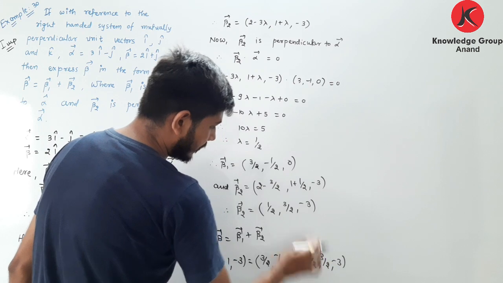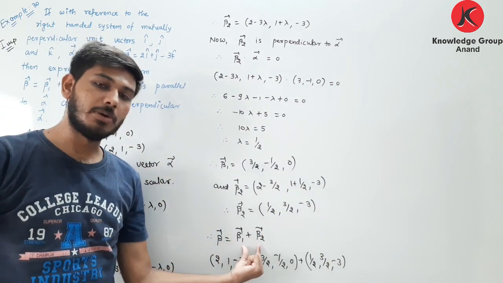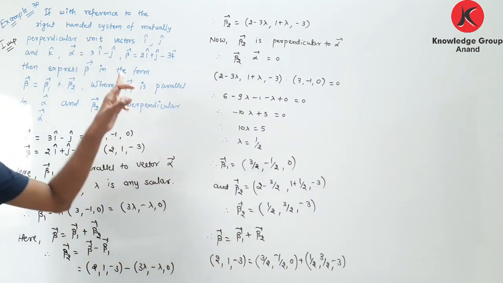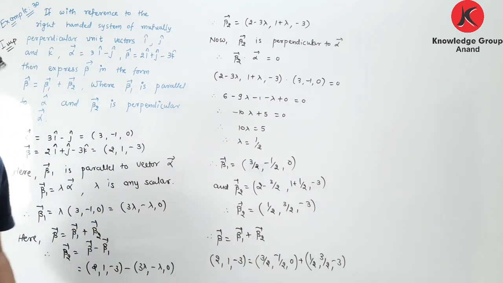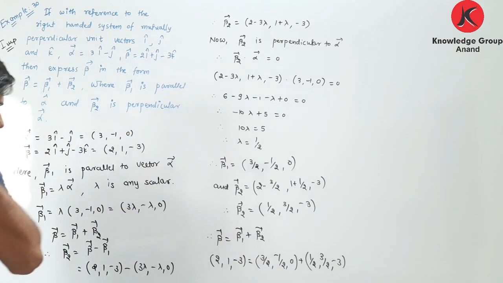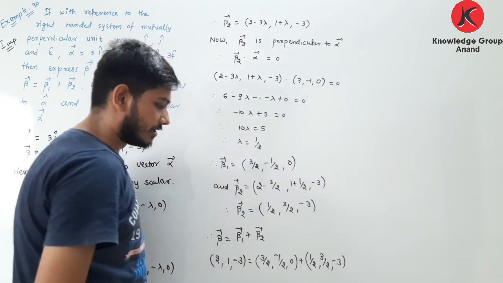Okay, so therefore we can represent the vector beta as the sum of two vectors, where one of them is parallel to the vector alpha and the second one is perpendicular to alpha. So this one is parallel to alpha, this one is perpendicular to alpha, and the sum is 2, 1 and minus 3.